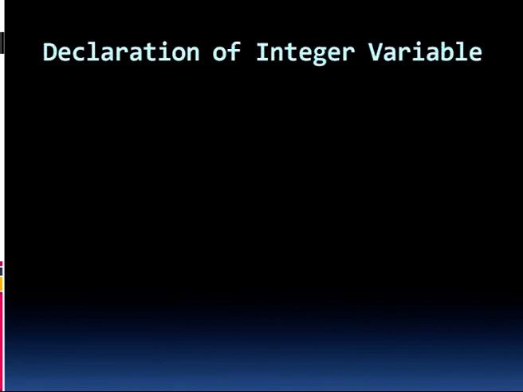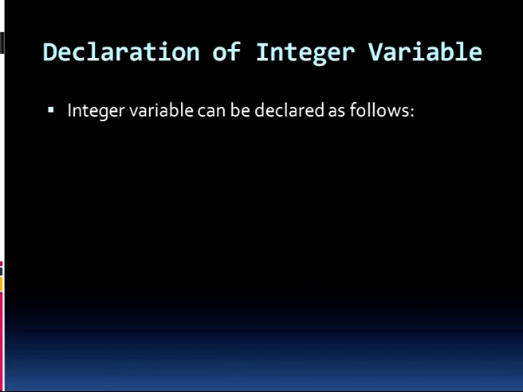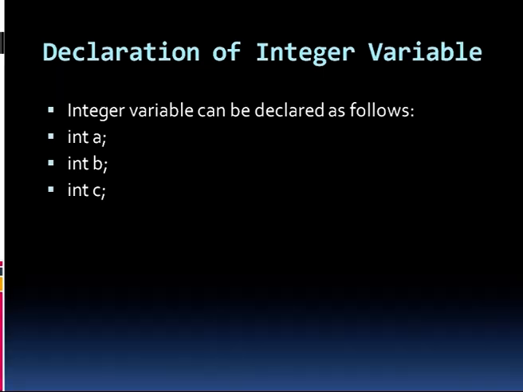How to declare integer variables? Integer variables can be declared as int a, int b, int c. These statements are used to declare a single variable at a time, and each variable is of type integer.